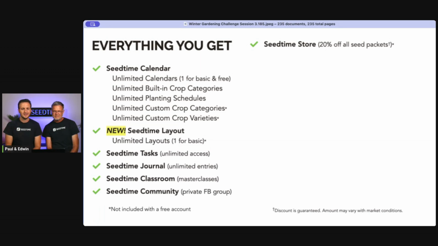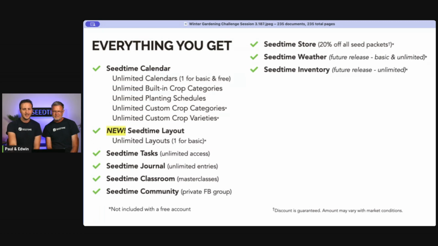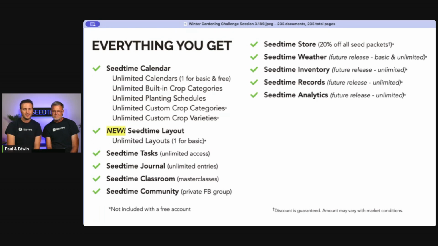Every upgraded account to Seed Time gets that discount. It's guaranteed. The amount may vary with the market, but we really hone in and keep it as much as possible at that 20% off all seed packets. And then you will also get access, depending on your level, to the Seed Time weather release, the Seed Time inventory release, Seed Time records, and Seed Time analytics. Unlimited access to those based on the level that you sign up for.